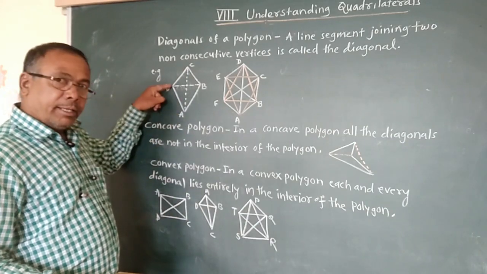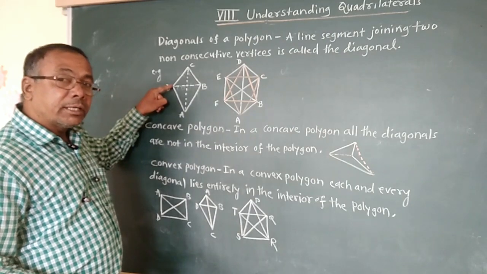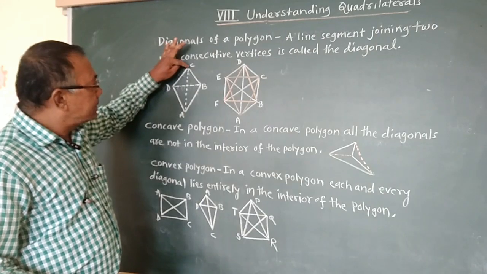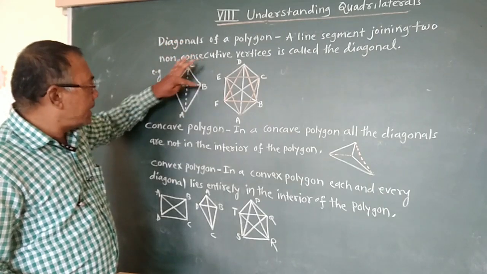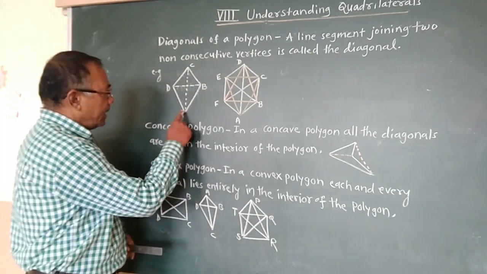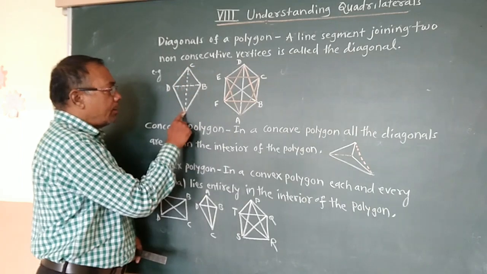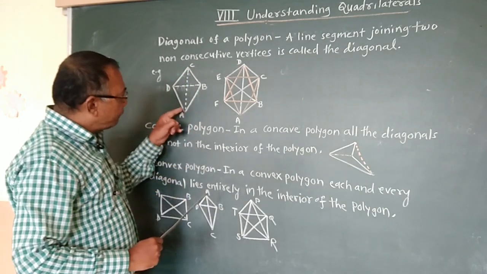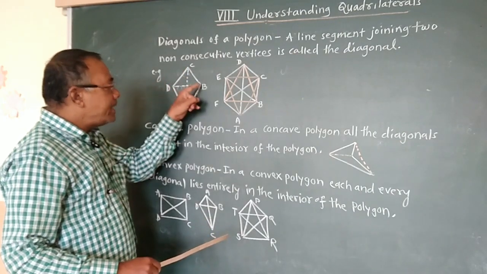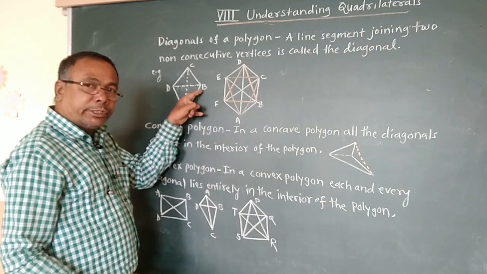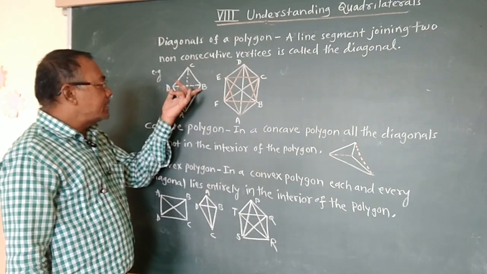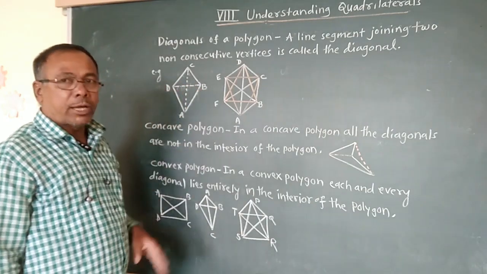Here A and D are consecutive vertices. Similarly B and C, or C and D, or B and A, these are consecutive vertices. But A and C are non-consecutive vertices, and therefore line segment AC is a diagonal. Similarly, B and D are also non-consecutive vertices, and therefore the line segment joining B and D is called a diagonal.